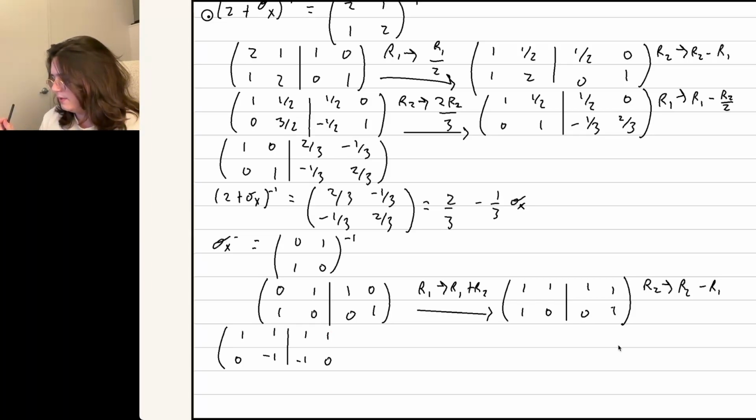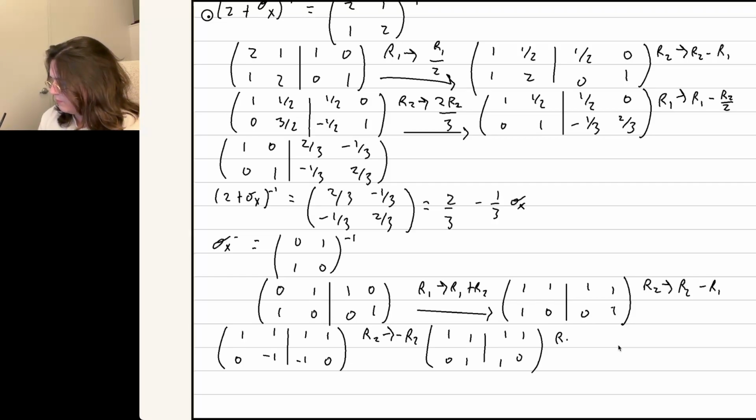Yes, that's it. Then we'll flip the sign of row 2, and we'll have row 1 go to row 1 minus row 2.